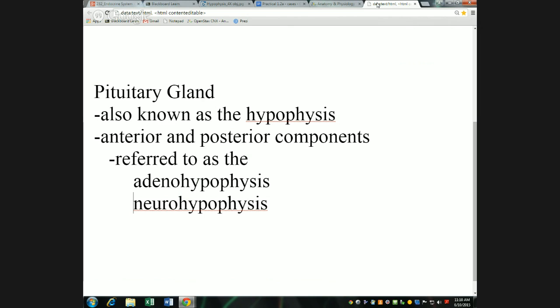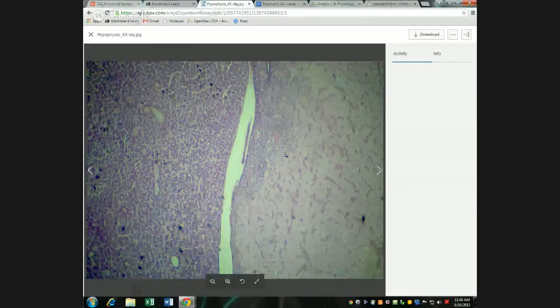And so looking at this under the microscope, here we go. The two tissues stain differently. We can see that there is a difference in the tissue. So from looking at the tissue, we should be able to figure out which one's glandular and which one's nervous tissue.